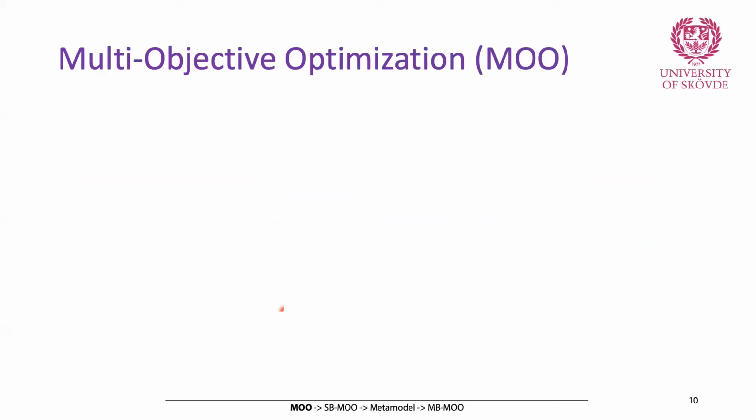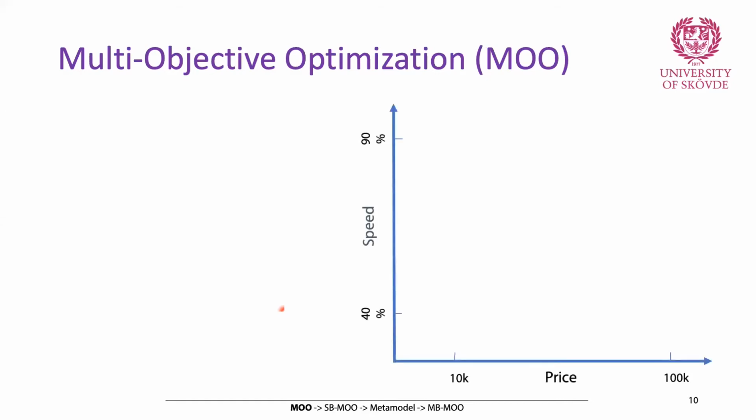But let's look at a simple example of multi-objective optimization that you may face even in your real life. Imagine that you want to buy a car, so you go to a dealer, and there are two criteria for a car. One is price, here you can see on the x-axis, and the other one is the speed of the car.